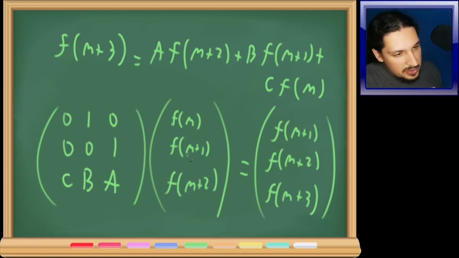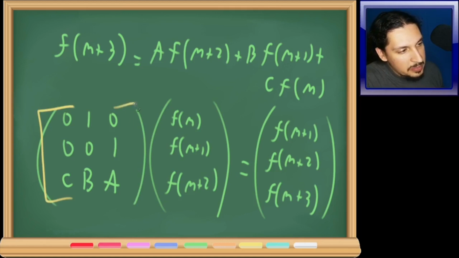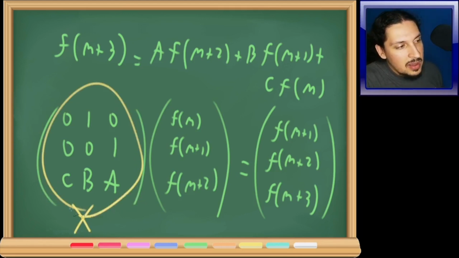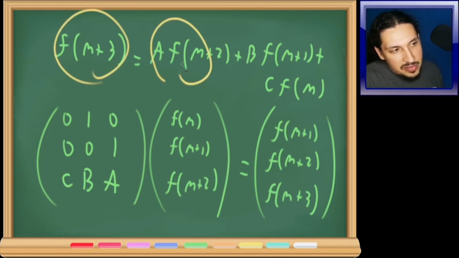And because of how this matrix is defined, a trick is that you basically know the characteristic polynomial of this matrix. If you call the matrix a, the characteristic polynomial will always be that given directly by the recursion.